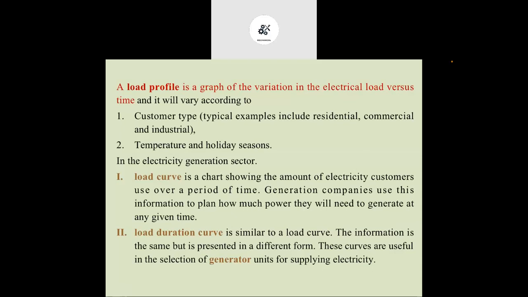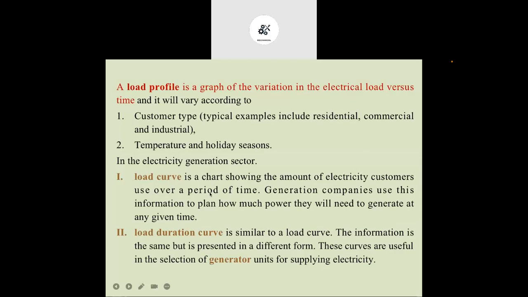So based upon the maximum demand, you can select the particular type of power generator, right? What should be the maximum capacity of that generator, you can find out by using the load duration curve. So first of all, we will draw the load curve, and based upon the load curve, we are going to draw the load duration curve.